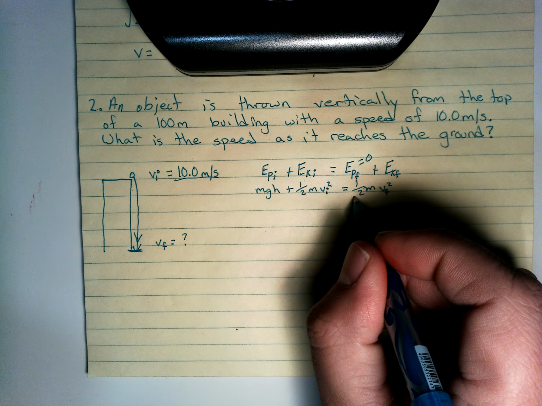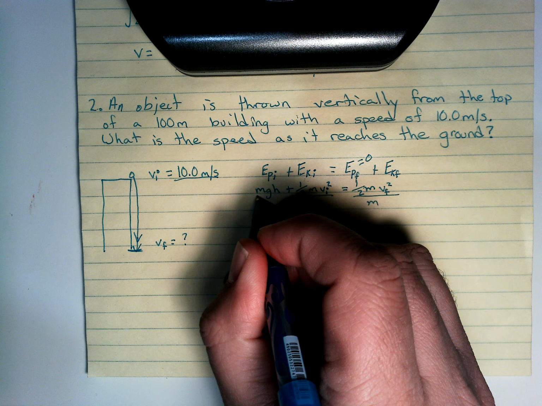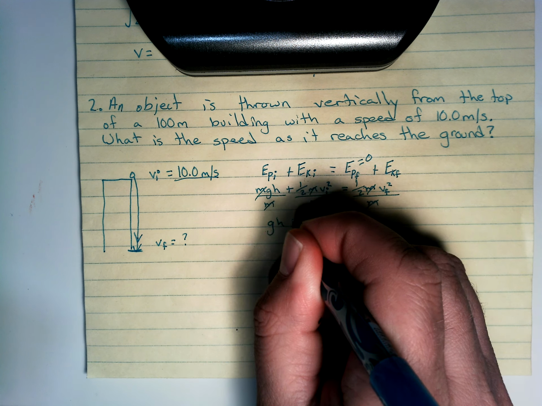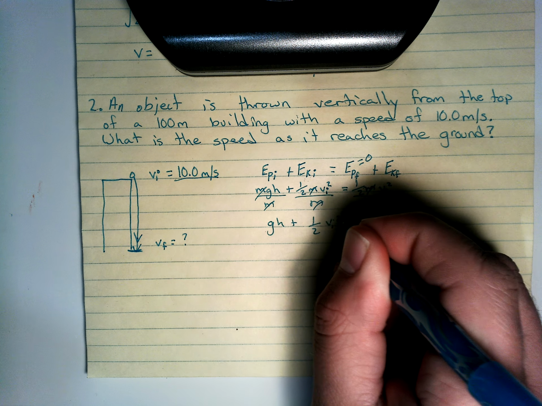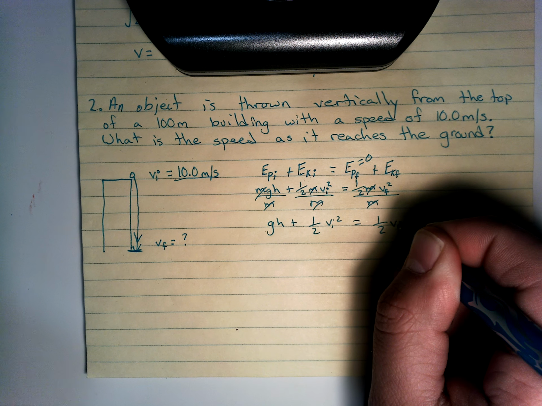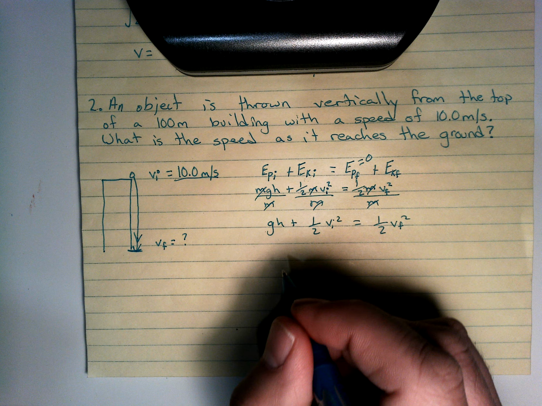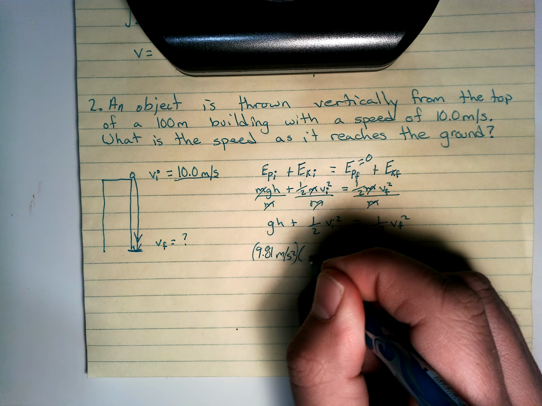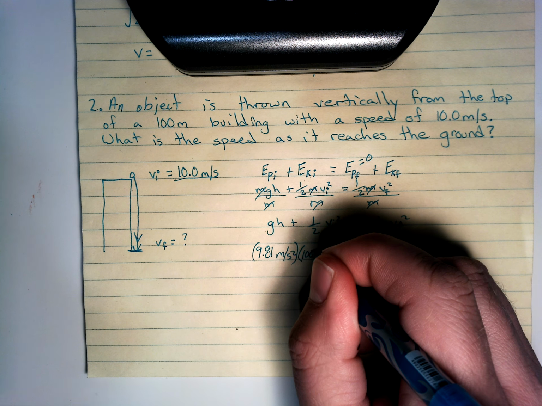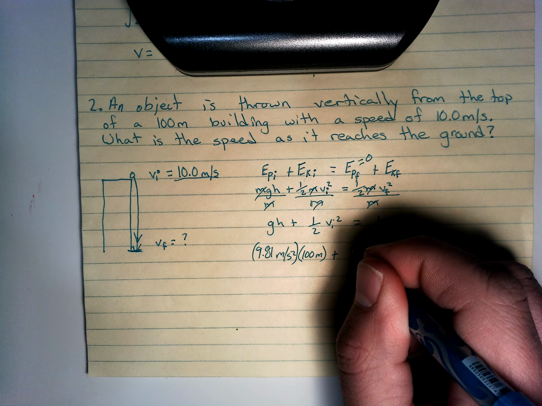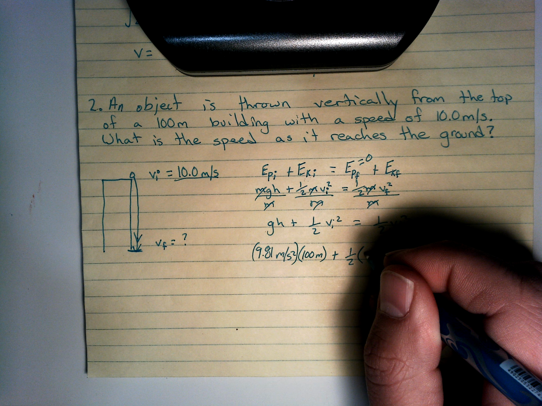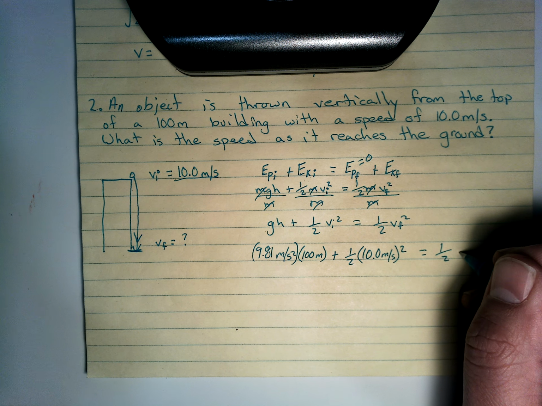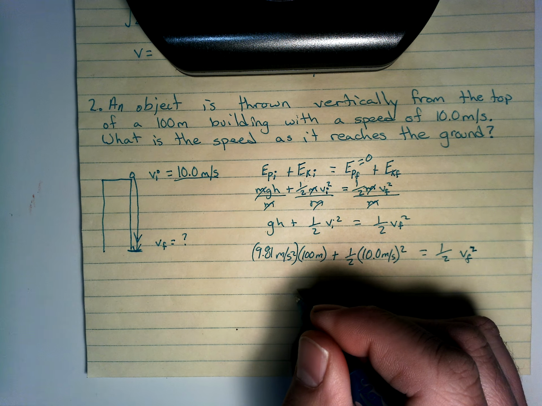We can divide everything by m because it's in every term, which gets rid of our masses. So gh plus 1/2 vi squared is equal to 1/2 vf squared. Put our numbers in: 9.81 meters per second squared times the height, the 100-meter building, plus 1/2 times vi, which is 10, squared, equals 1/2 vf squared.